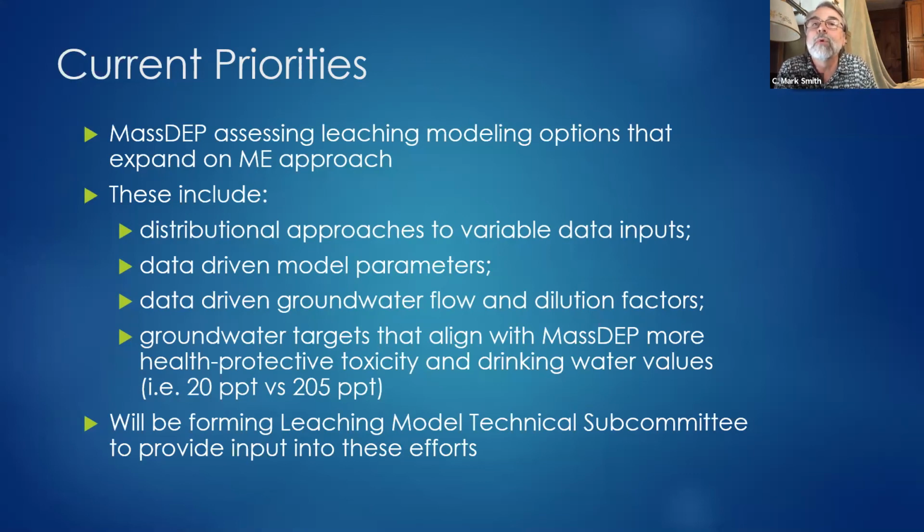We're also looking at some more data-driven model parameters based on a survey of values from the literature, and data-driven groundwater flow and dilution factors, which might be different from those that were used in the Maine assessment. And of course, we'd be looking to align our groundwater targets with our more health protective toxicity and drinking water values, which in essence is a lower target for groundwater potentially used as drinking water, with that target being 20 parts per trillion, which is our state MCL or drinking water standard that was adopted formally last week.